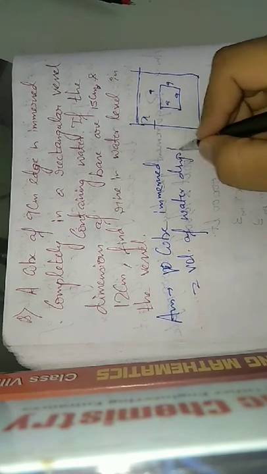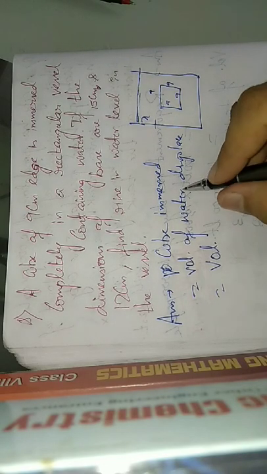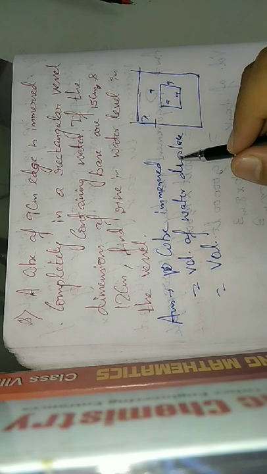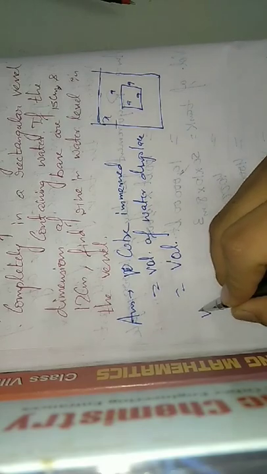It will displace some volume of water. When this water will be displaced, what will happen? There will be a rise in the height. Okay, so let's first calculate the volume of the cube.